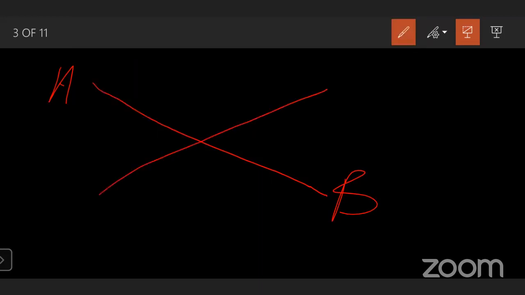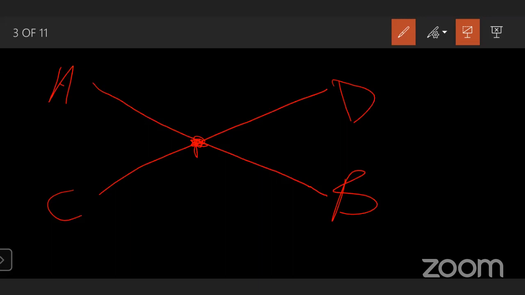Our first line will be this one, we'll name it A, B. And our second one will be from here to here, we'll name this C and D. Here it's intersecting, at the break-even point.